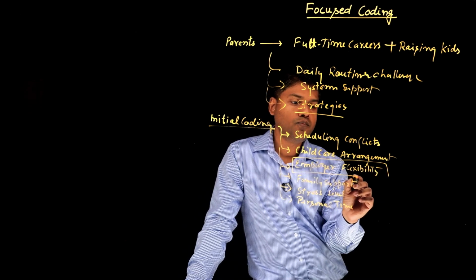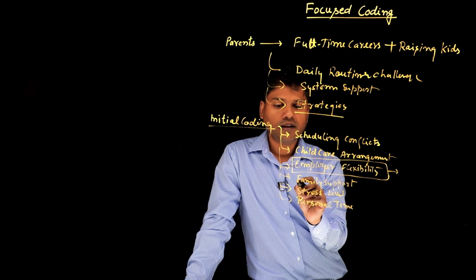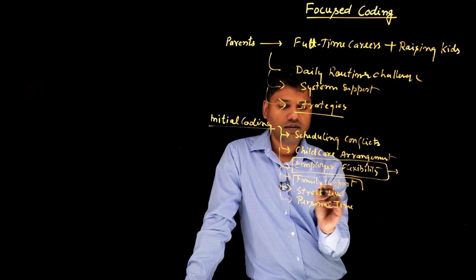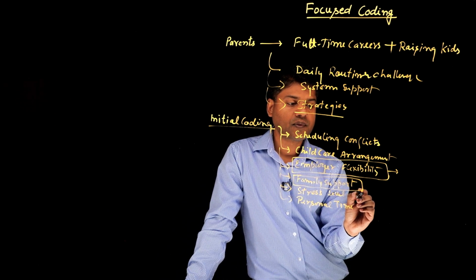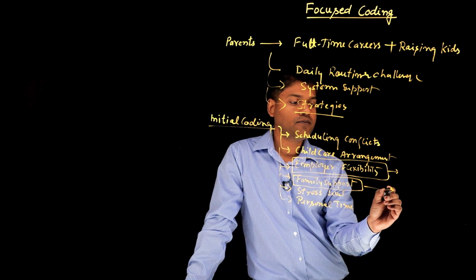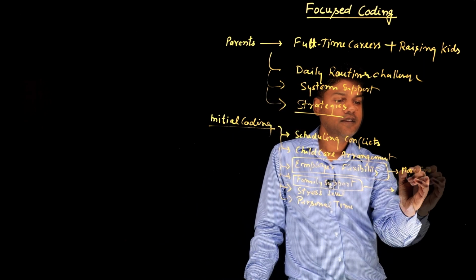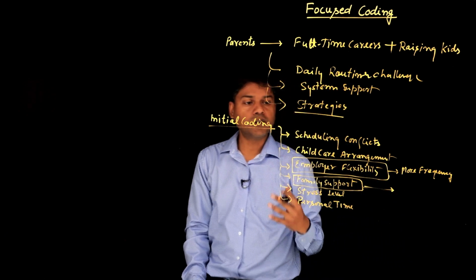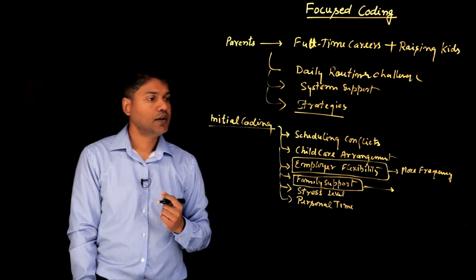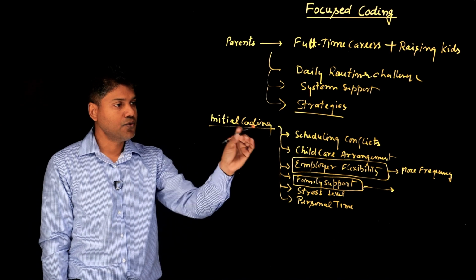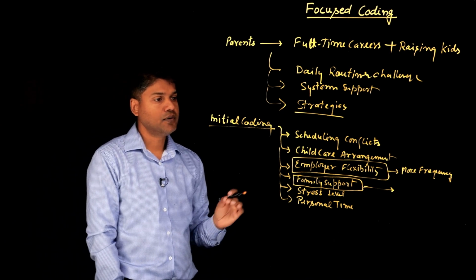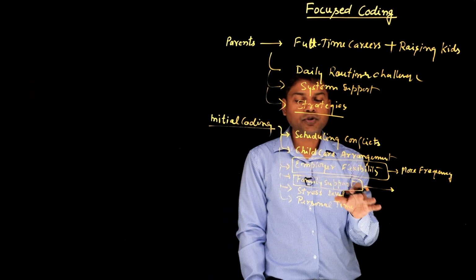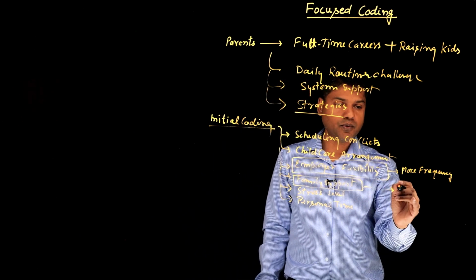And let's say when I have a closer look at these initial codes, I found that employer flexibility and, let's say, family support, these two codes have a higher frequency across the participants. All the participants are referring to this experience of employer flexibility, and all the participants talk about family support.